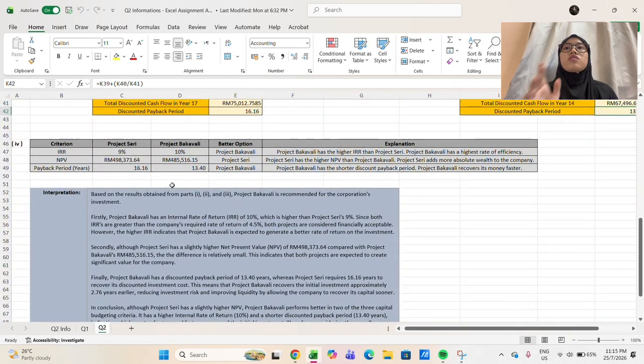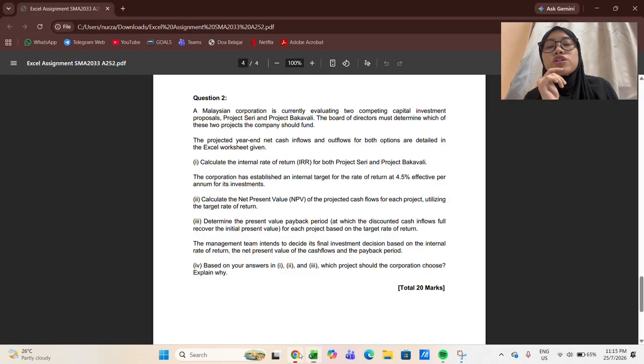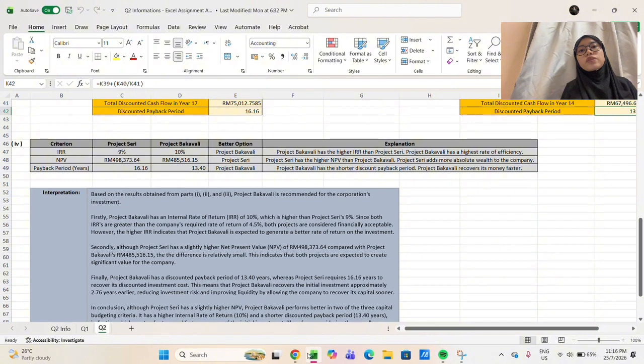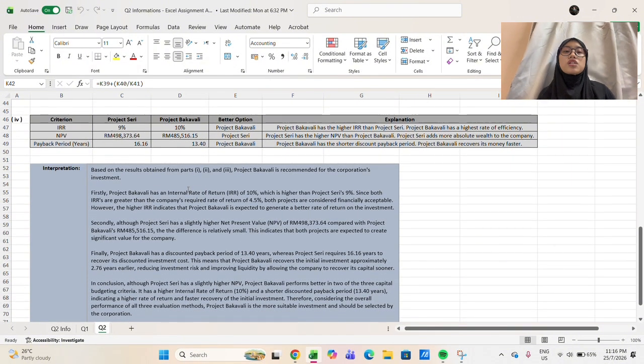As we can see, for question 2 part 2, we need to explain our answers from part 1, part 2 and part 3, and explain which project is better. Based on the results that I obtained, project Bakavali is recommended for the corporation's investment.